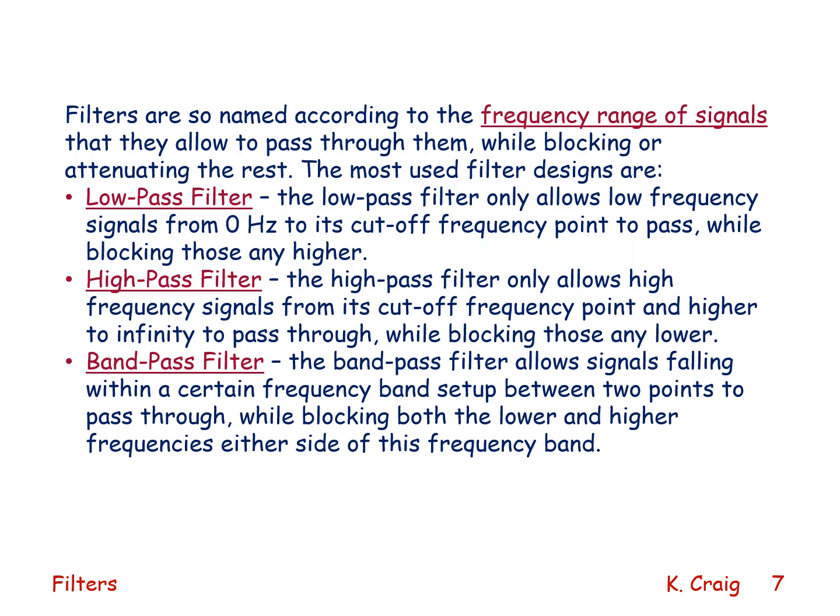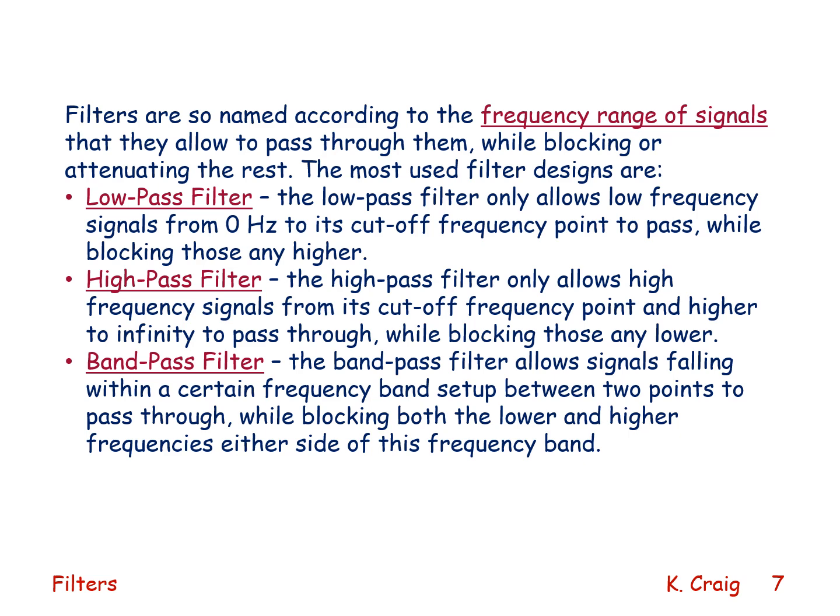Filters are so named according to the frequency range of signals that they allow to pass through them, while blocking or attenuating the rest. The most used filter designs are the low-pass filter, which only allows low-frequency signals from 0 Hz to its cutoff frequency point to pass, while blocking those any higher.